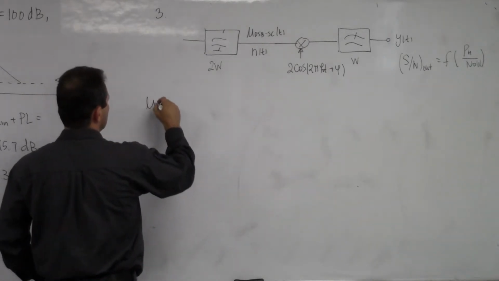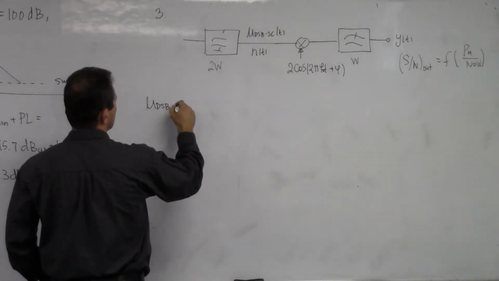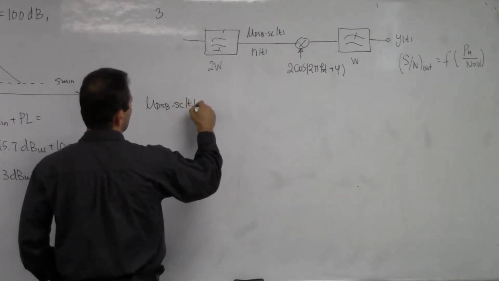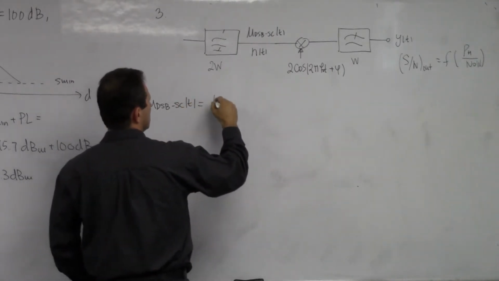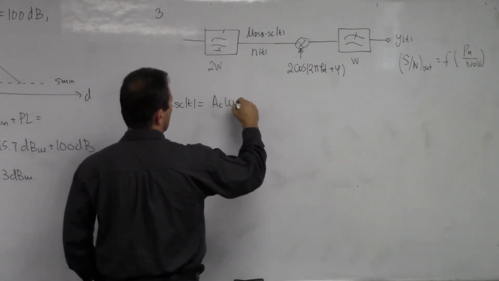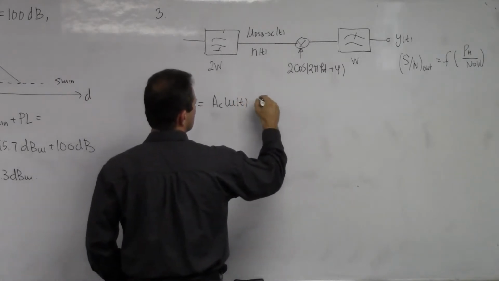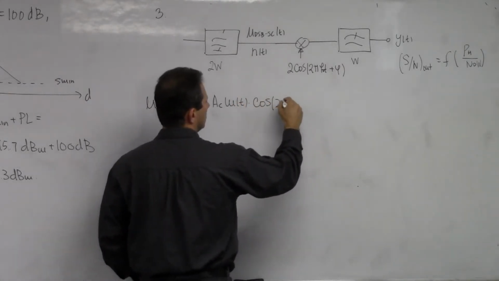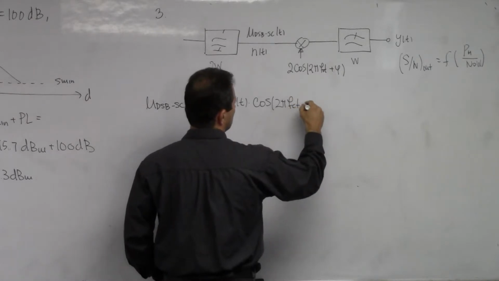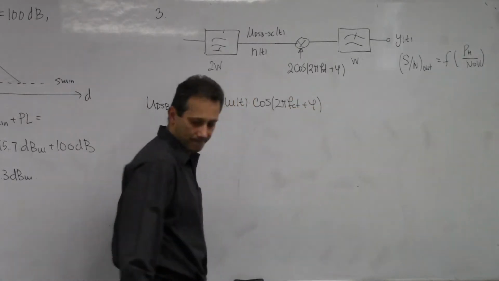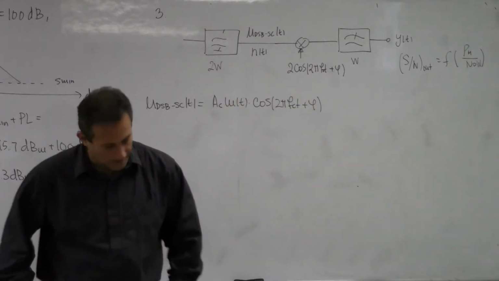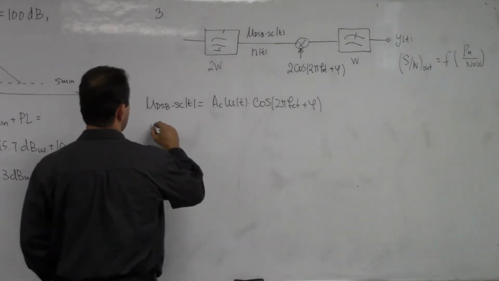So U double sideband suppressed carrier of t is going to be some carrier A_c m of t times cosine 2 pi FCT. What about this narrowband noise?